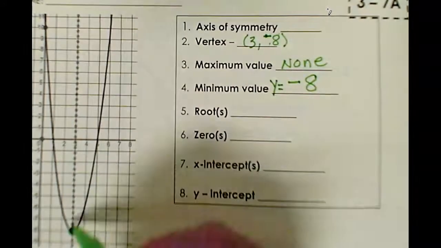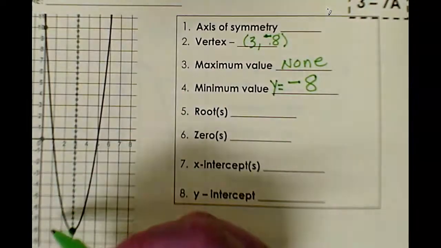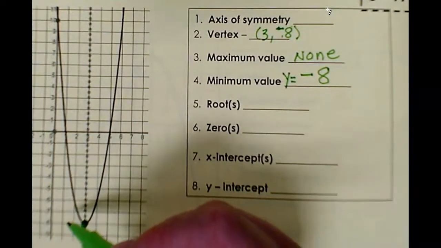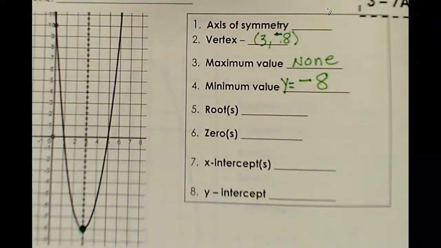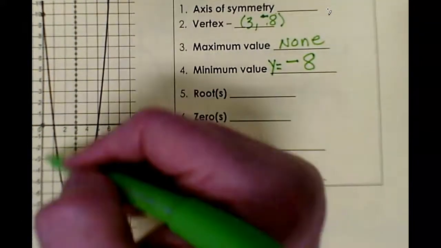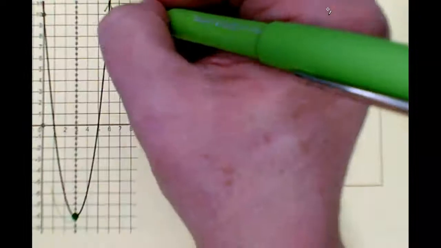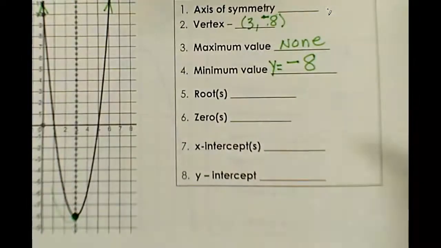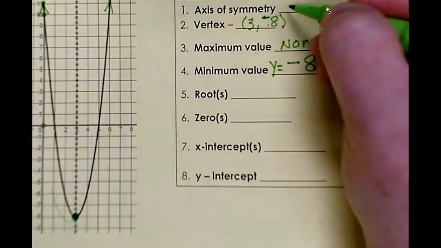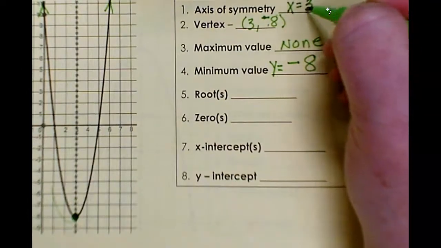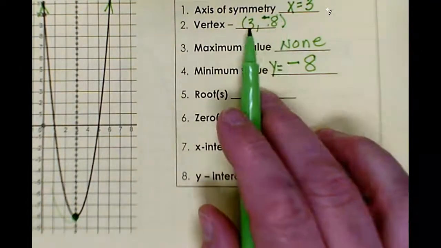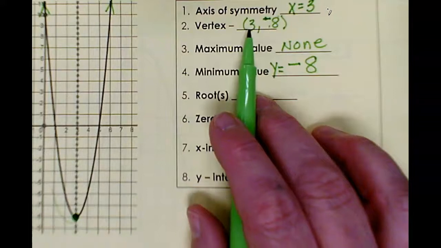This dotted line, we usually use a dotted line for the axis of symmetry. If I folded it on the axis of symmetry, the two halves would meet. You can see this better from the pre-made graph than the ones that I was drawing. And so this is a vertical line, so it's x equals a number. The axis of symmetry has to go through the vertex.